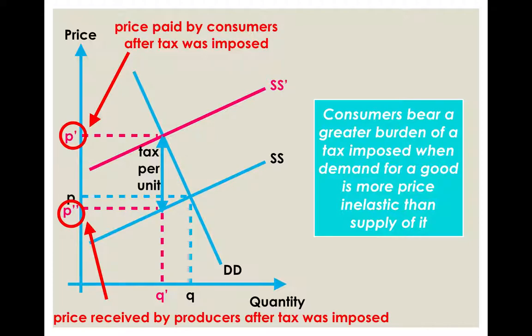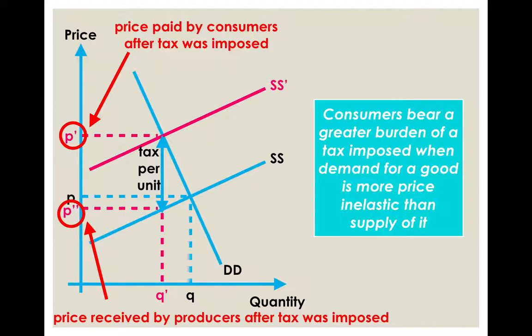So this tax per unit is actually shared as a burden between consumers and producers. Consumers will bear a greater burden of this tax imposed if the demand for the good is more price inelastic than supply of it. Before we go into the intuition behind why this is the case, let's look at how this is represented in the diagram.